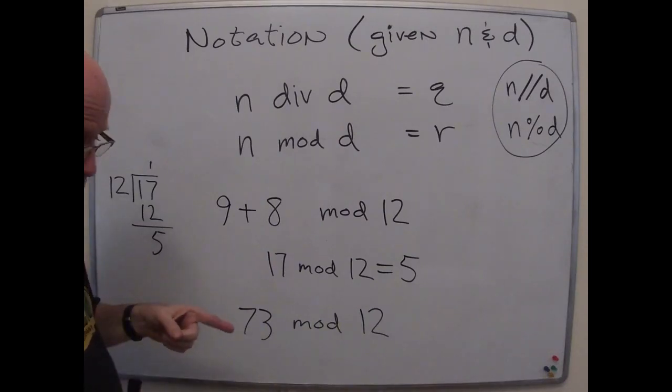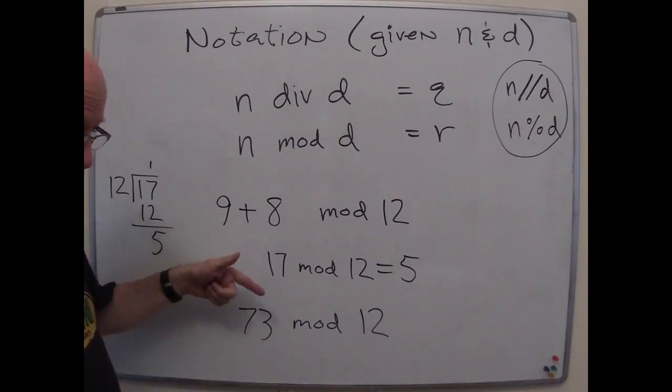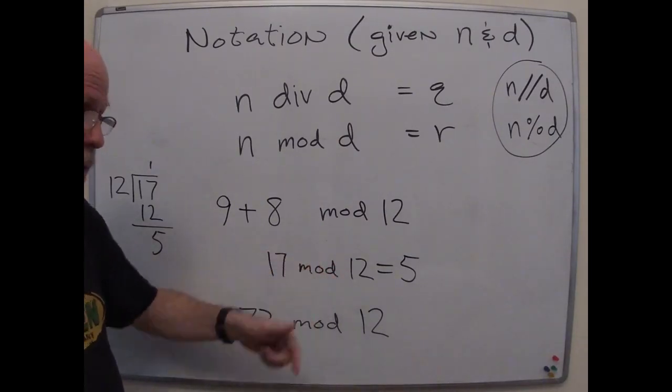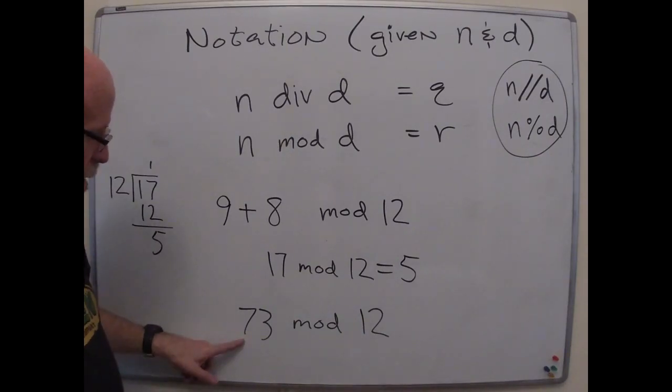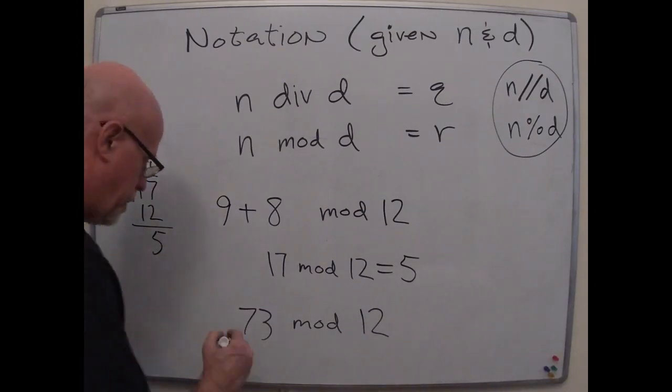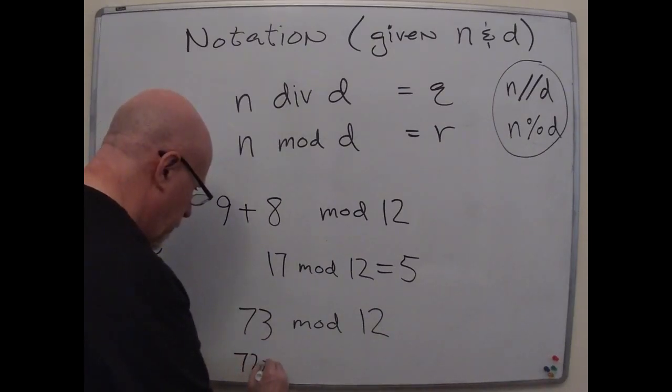You know, a foot is 12 inches, right? So 2 feet is 24 inches, 3 feet, a yard is 36 inches. If somebody's 5 feet tall, do you know how many inches tall they are? 60. 5 times 12 is 60. And if somebody's 6 feet tall, how many inches tall are they? 72. This is one bigger than a multiple of 12. Right? That's 73 is 72 plus 1.